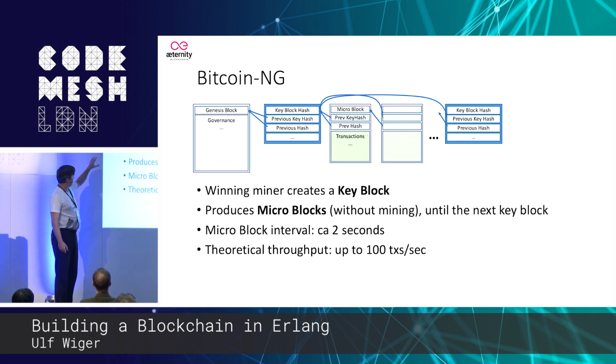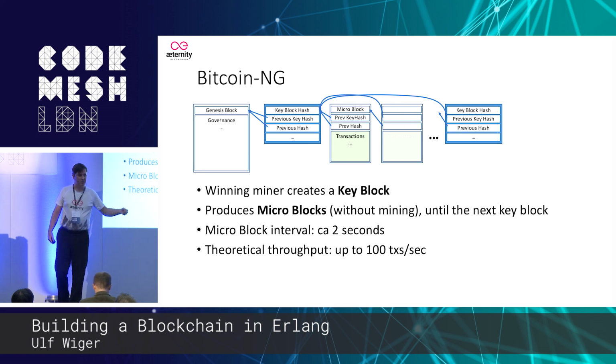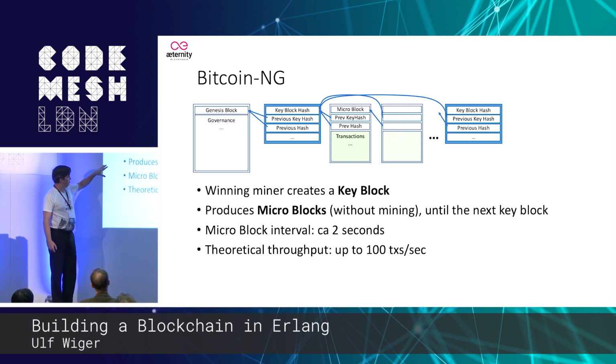So this is sort of an illustration of Bitcoin-NG, where you have these key blocks, and whoever gets the key block can then punch out microblocks every 2 seconds. This is how we can get up to some 100 transactions per second. There are challenges.